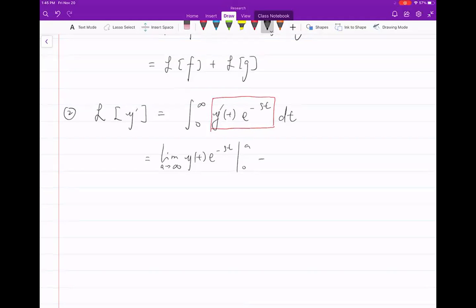Okay, minus, and according to integration by parts, this one should be replaced by the derivative of this.